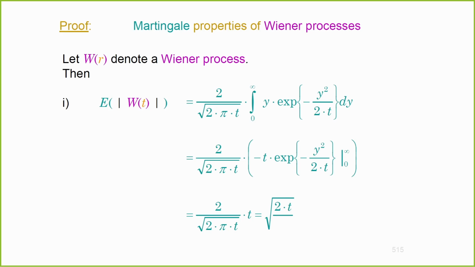And then you have pi in the denominator beneath the square root, which is here. So that's going to be the expectation of the absolute value of the Wiener process. Now this is going to be finite, of course, so that's what is required to confirm the first Martingale property of the Wiener process.